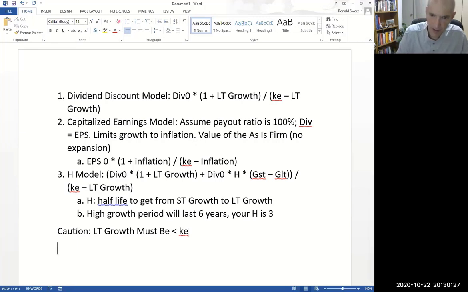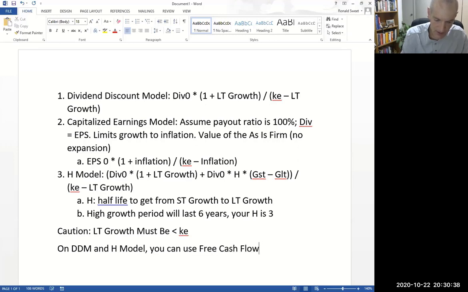Now, the other thing we can do is on the dividend discount model and H model, you can use free cash flow per share for equity. Now, if you took Dan Darren's class, he probably valued the firm using free cash per share for the company.